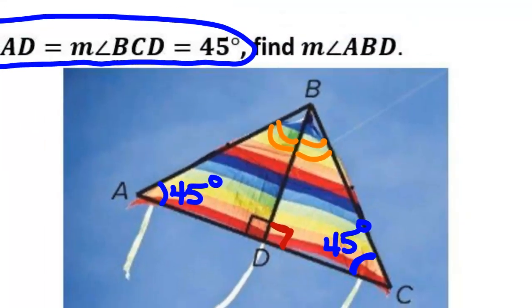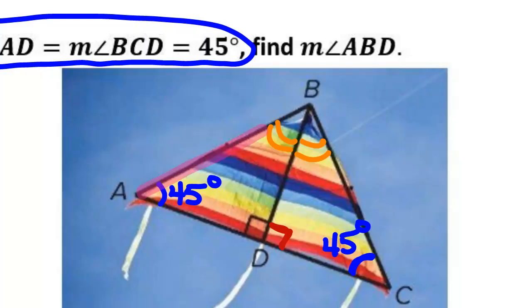We want to find the measurement of angle ABD. So we are looking for this one right here. What can I do to find that angle? Yep, 45 plus 90 plus that angle, and then set it equal to 180.